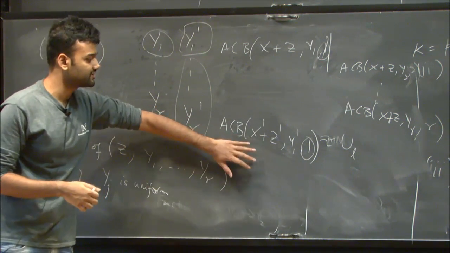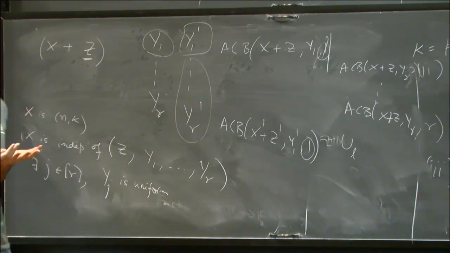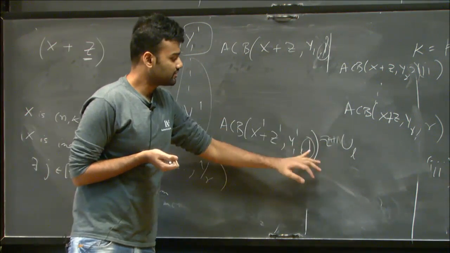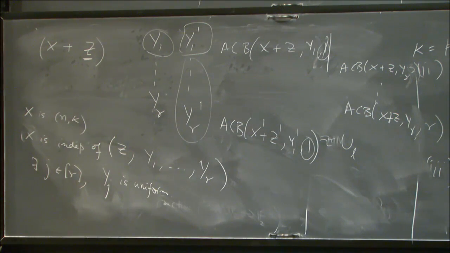This magic box needs different advice for different random variables to break correlations. The way to get around this is through these advice generators. Till now we haven't really used that x and x prime are different, so to break this you need to use that x and x prime are different.